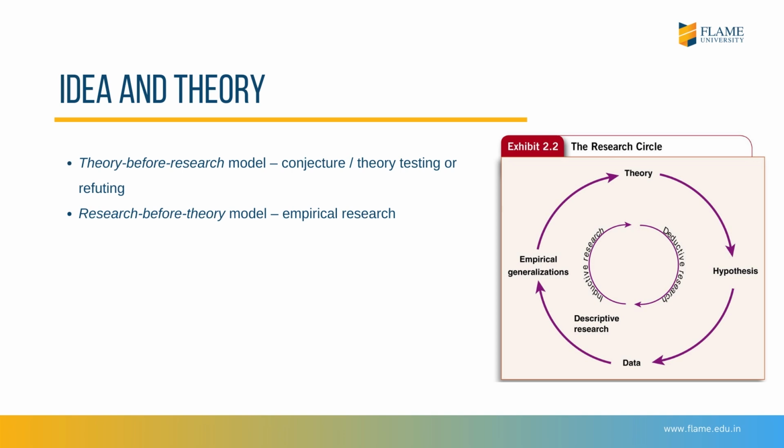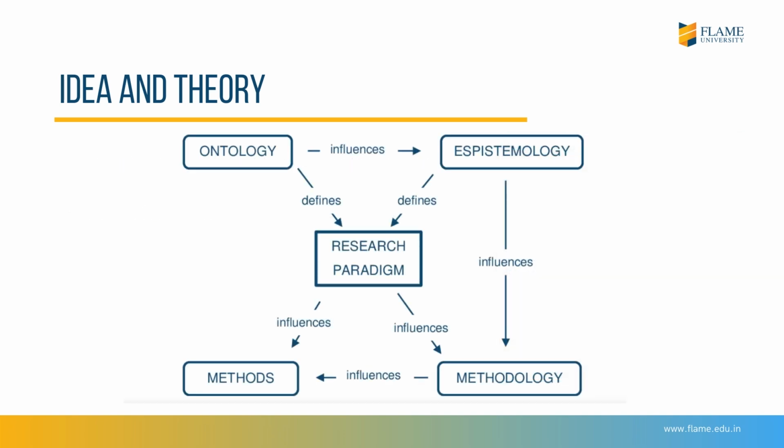What we find is that a research paradigm is often informed by the idea of ontology, which is a concept I will explain in this lecture, and also influenced and defined by the idea of epistemology. So ontology and epistemology define, influence, and inflect research paradigms.